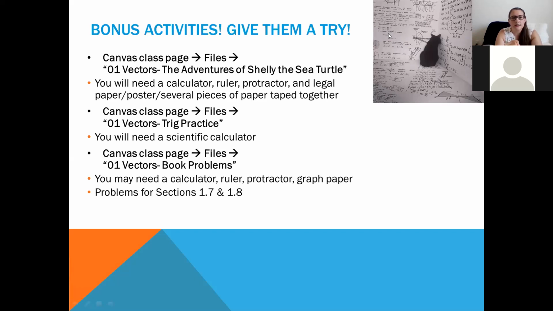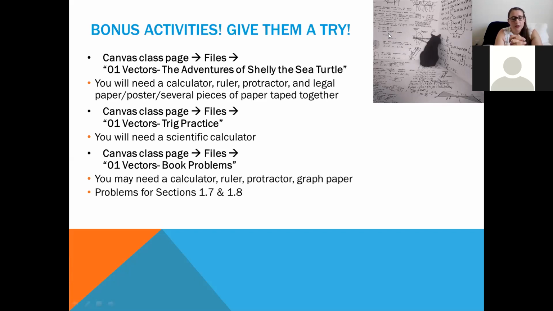We're not quite there yet, like I said. But these are going to be a couple of resources for you to just get some practice with drawing vectors or calculating components, that sort of thing. I recommend that you pick at least one of them and give it a try, depending on which thing you feel like you need the most practice for.